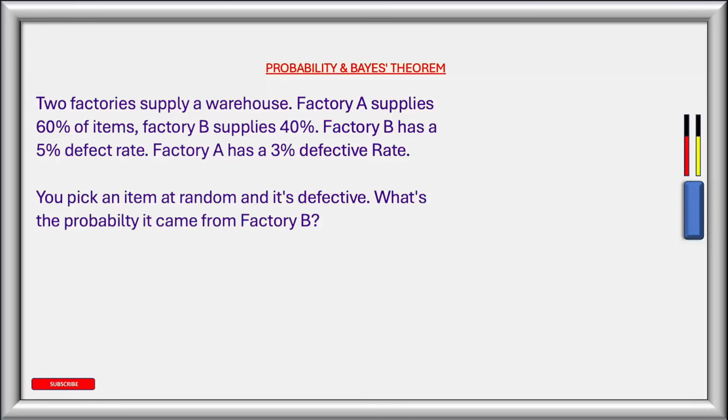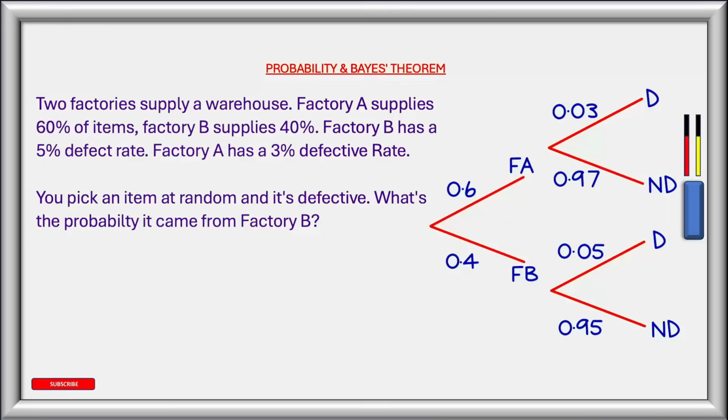Let's take a look at the tree diagram for this. So Factory A supplies 60% of items and Factory B supplies 40%. So the probability an item came from Factory A is 0.6 and the probability it came from Factory B is 0.4.